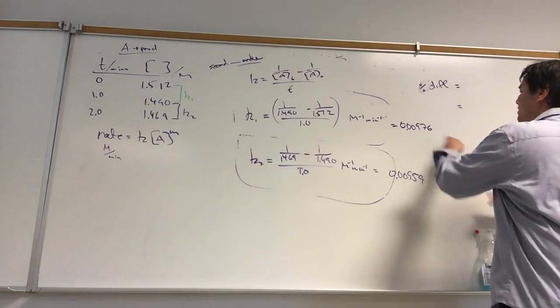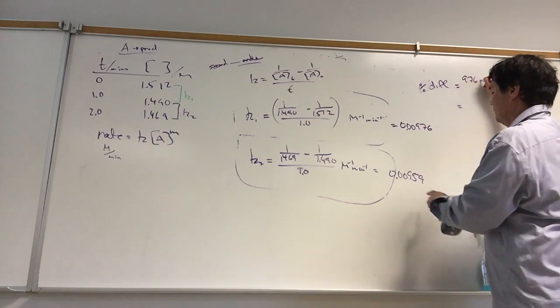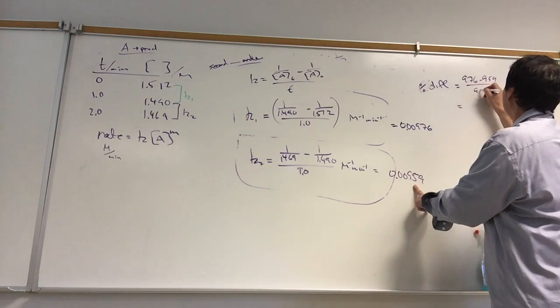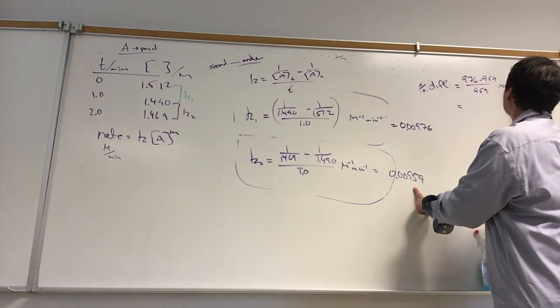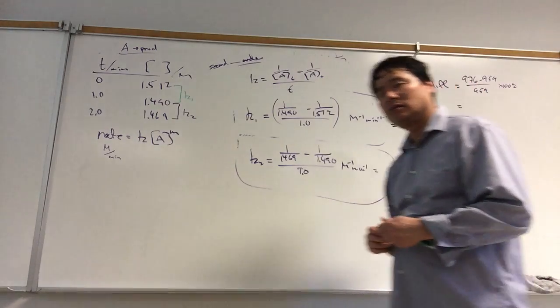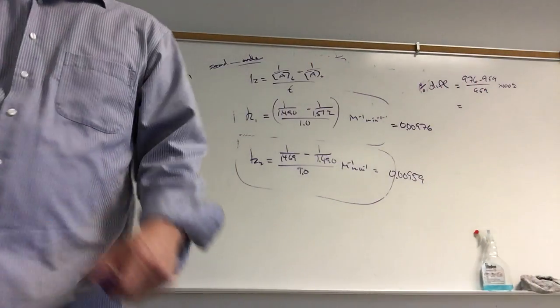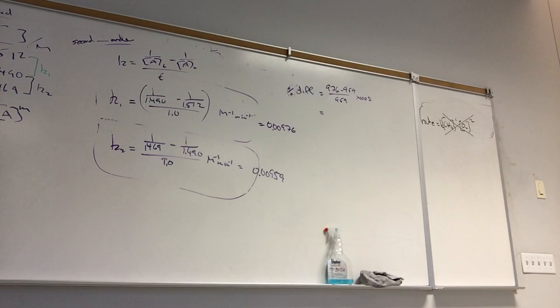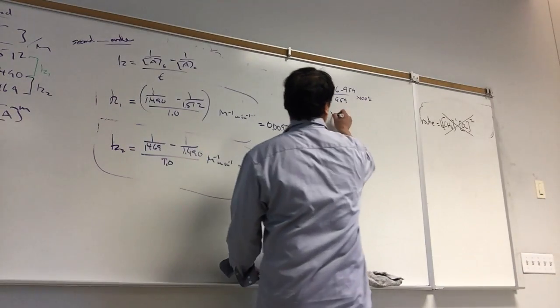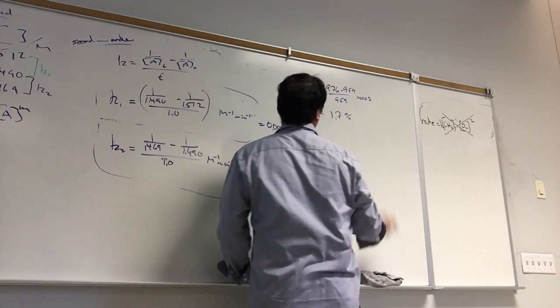So the percent difference here is 976 minus 959, divided by 959, times 100%. 1.7%.